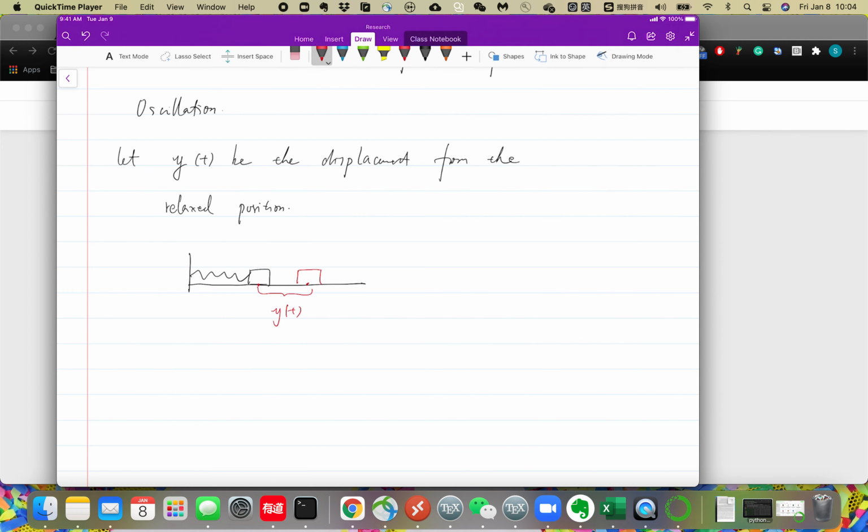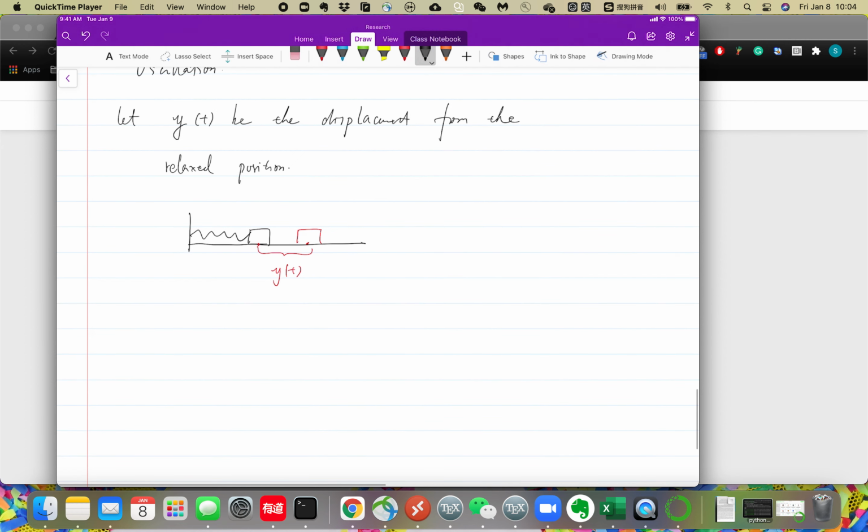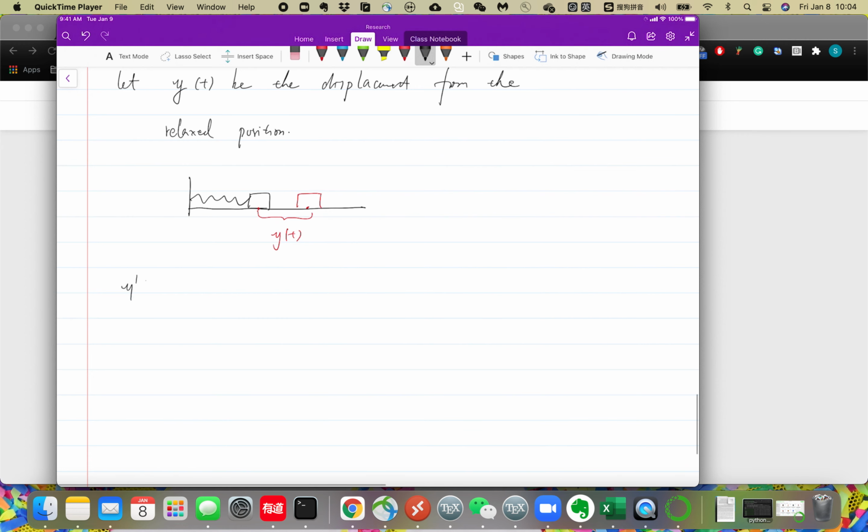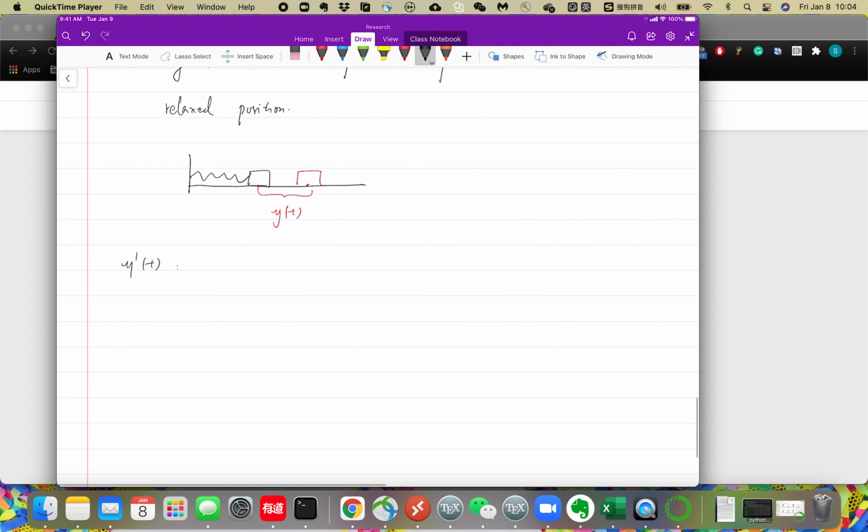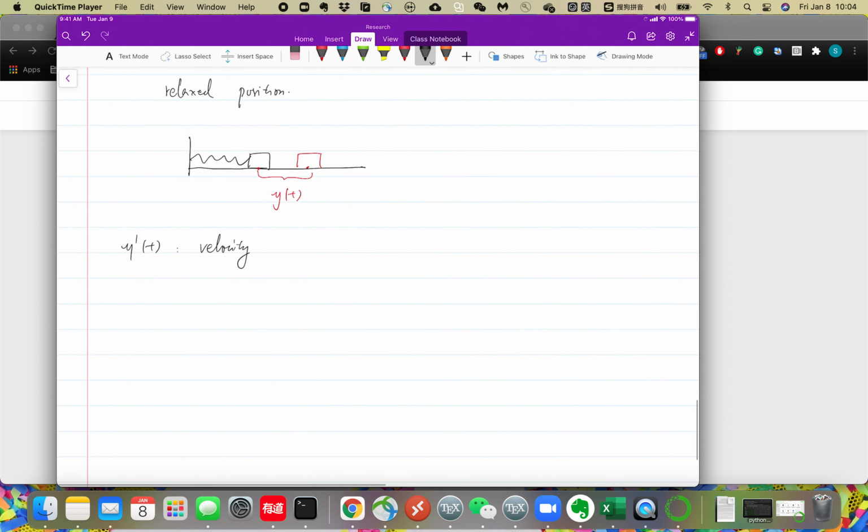From here you can see y(t) is changing as you're shaking. Okay. Then y prime t is going to be the derivative of the displacement. It's going to be the velocity of the object. Y prime prime t is going to be the acceleration of the object.